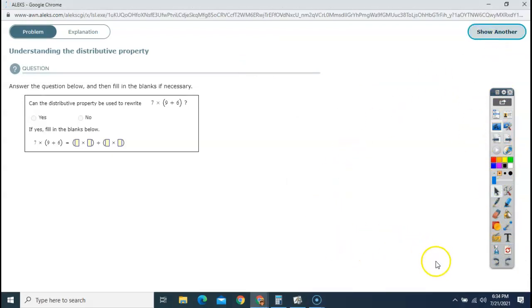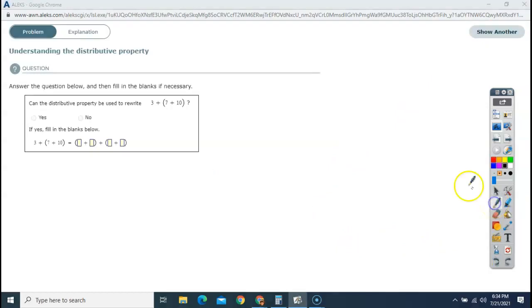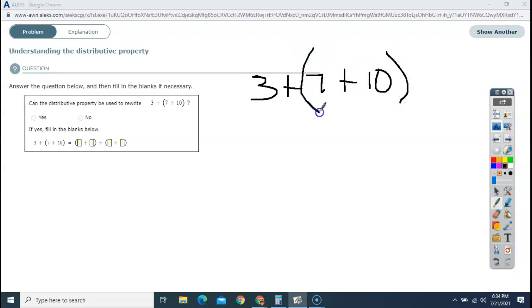Let's show one more. Can we distribute 3 plus 7 plus 10? No, we cannot, because distributing has to involve multiplication, and this is 3 plus, not 3 times.